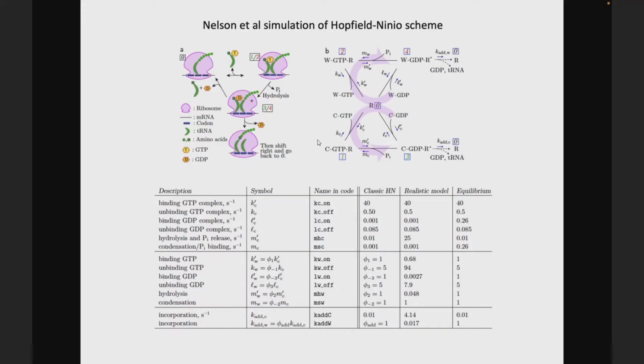How long it takes to get the next element incorporated into my polymer is something that will wander around stochastically also. But anyway, the simulation is simply follow the system as it wanders from state to state, and you say, I want to make a polymer that's 1,000 units long, or 100 units long, or 25 units long.